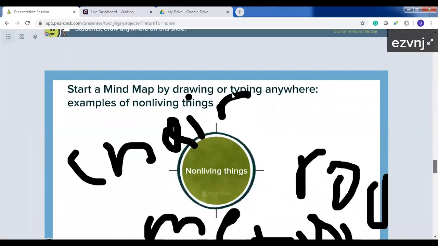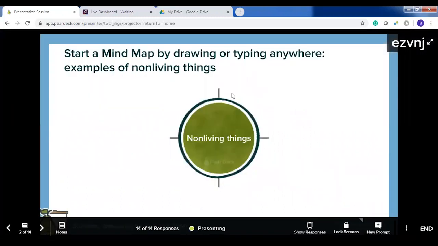What can we say? Parts of non-living things can be air, for example, water, soil. There is some light. Grass? Grass is a plant, so not a non-living thing. So we are going to see them one by one.